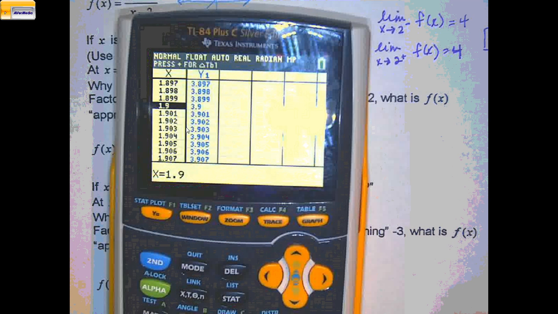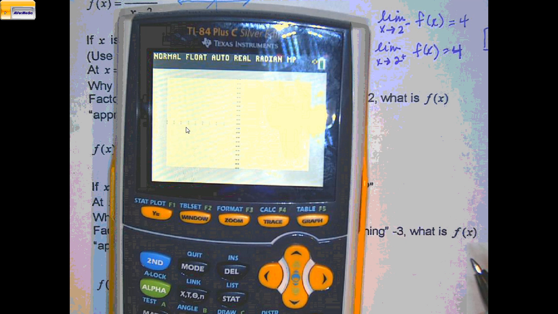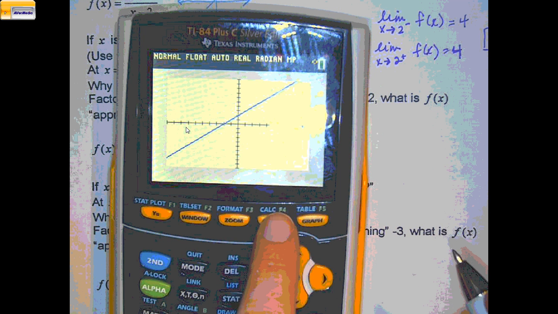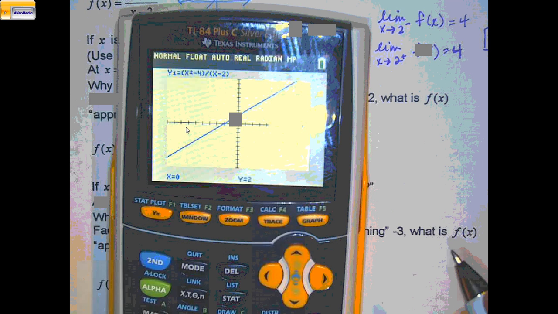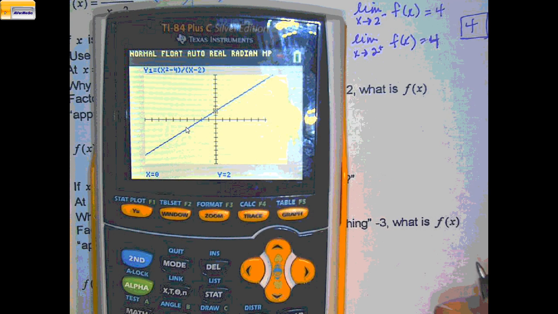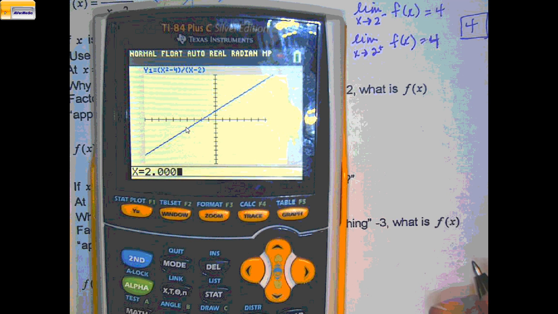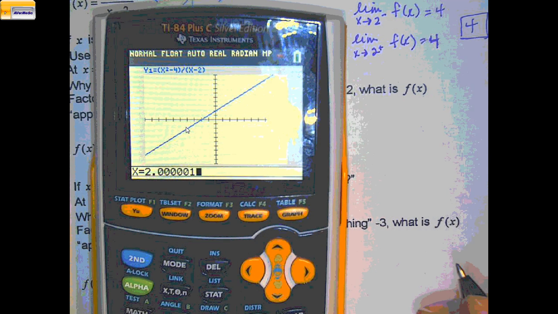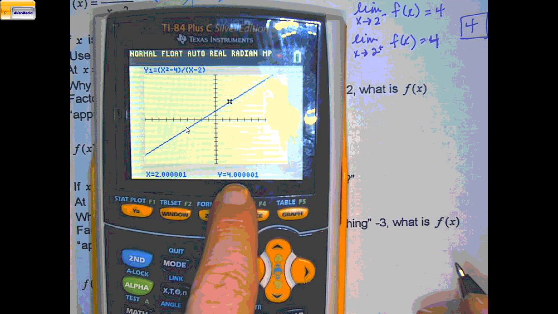The other thing you can do, go back to your graph, hit trace. If I want to know quickly, without looking at my table, where this graph is at 2.000001, so I'm super close to 2, I can hit enter, and it will tell me it's at 4.000001.